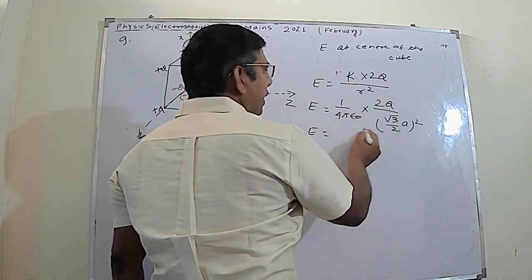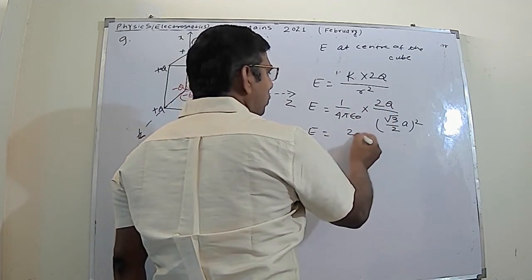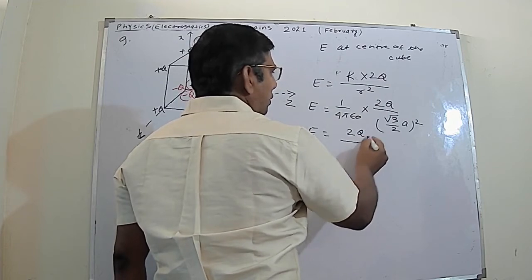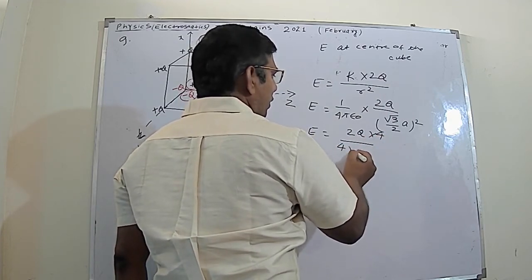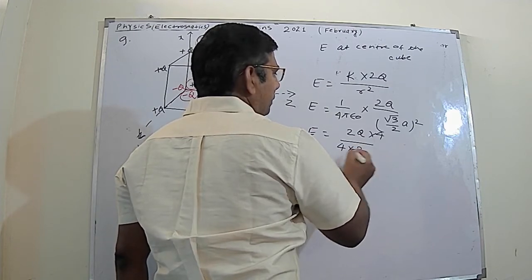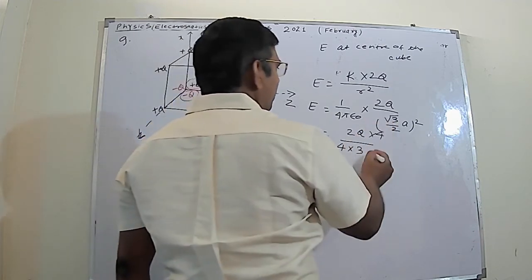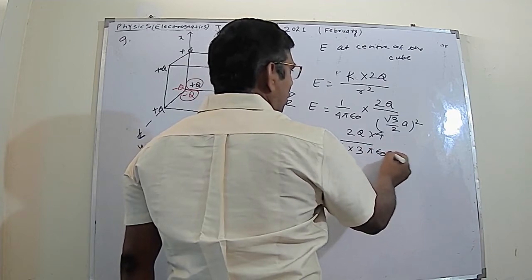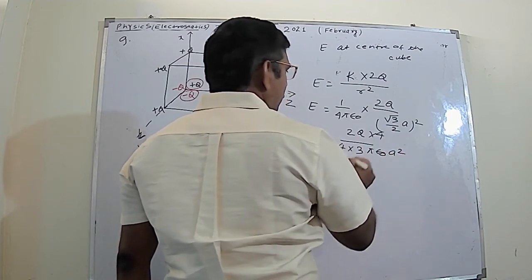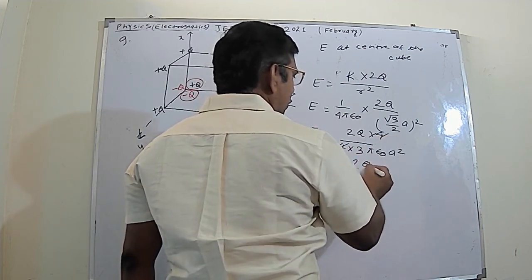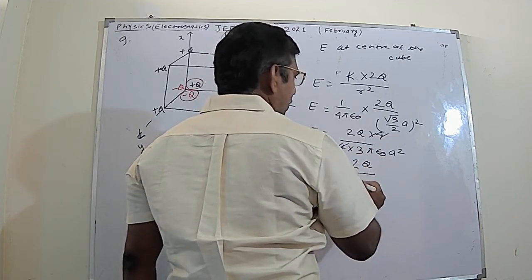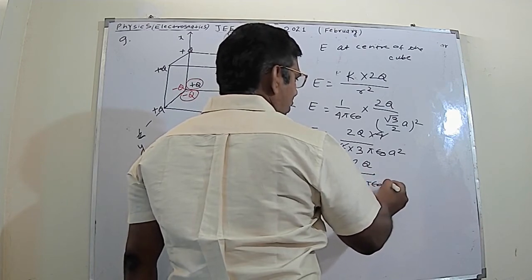So further we can write 2q, and again it will go 4, and it will be 4 into 3, okay, because this is 3 pi epsilon naught a square. So this will go, and this is 2q by 3 pi epsilon naught a square.